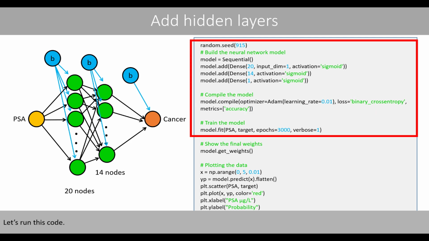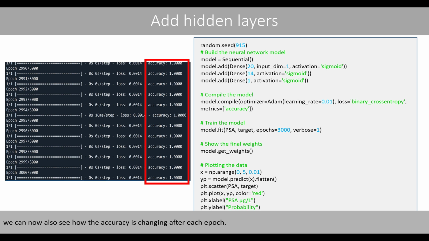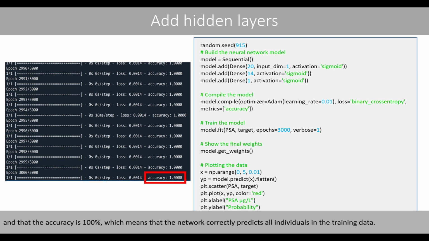Let's run this code. During the training, we can now also see how the accuracy is changing after each epoch. Note that the value of the loss function is almost 0 after 3000 epochs, and that the accuracy is 100%, which means that the network correctly predicts all individuals in the training data.